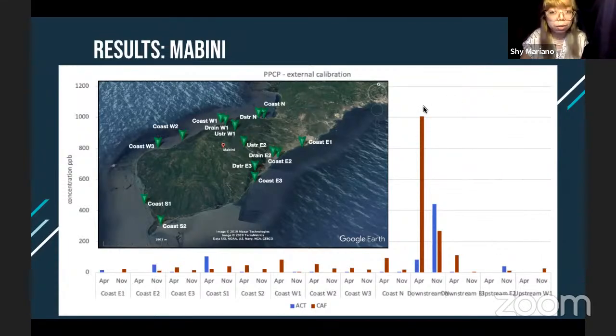But if we compare it to the downstream samples from the drainages and small streams near the residential areas, you have high concentrations of caffeine compared to the upstream sites. In the coastal sites, we're also able to detect caffeine and acetaminophen. So there is presence of untreated wastewater in the coastal waters of Mabini, at less than 100 ppb for caffeine.